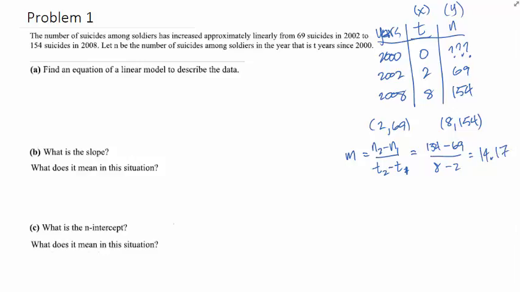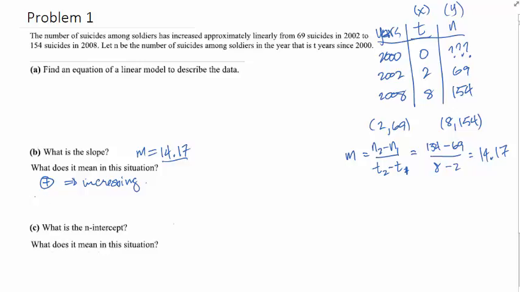This is our slope. We can actually answer this first question already. The slope is equal to 14.17. What does this mean? First of all, it's positive. That means this is increasing. And it's increasing by the slope, whatever the slope is, per year.